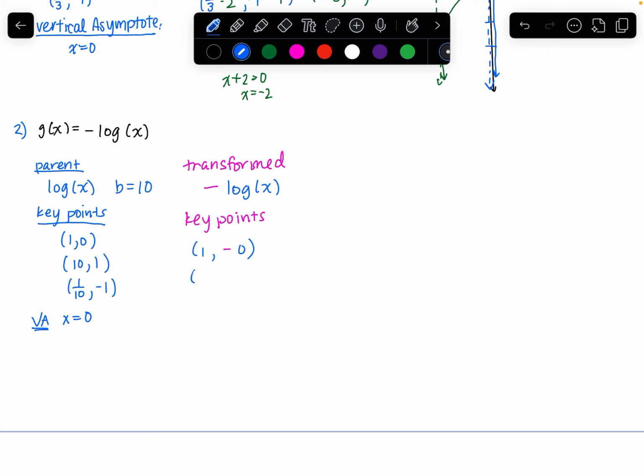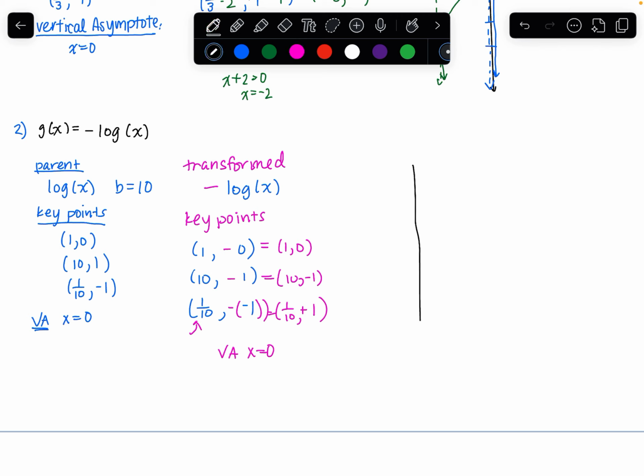So let's list them out. 10, 1, 1 over 10, negative 1. I'm going to take the opposite of all of these, and I get the point 1, 0, 10, negative 1, 1 over 10, positive 1 now. My vertical asymptote is still x equal to 0 because, as you notice, we didn't change any of those x values, right? And then we'll see it kind of on the graph, right?